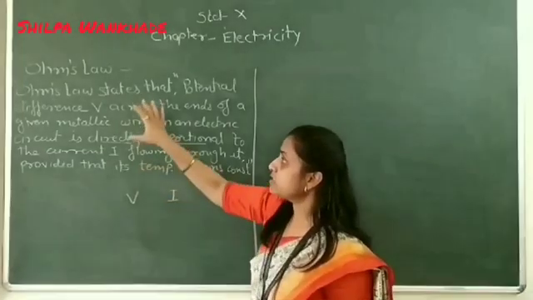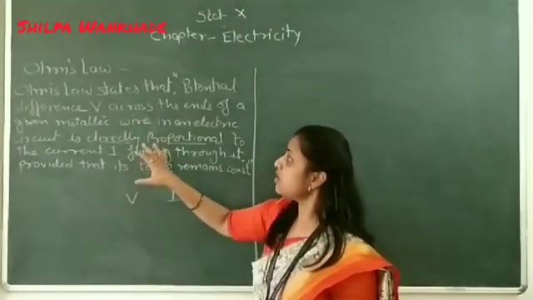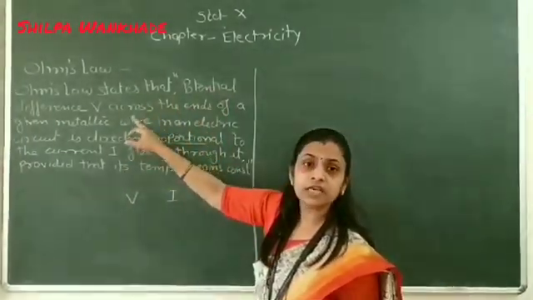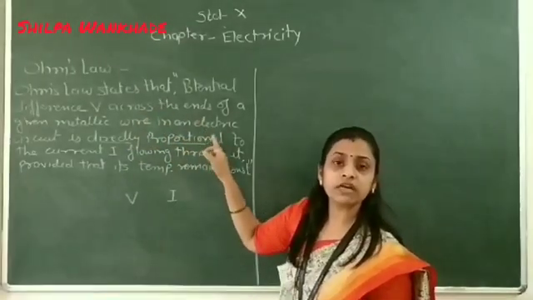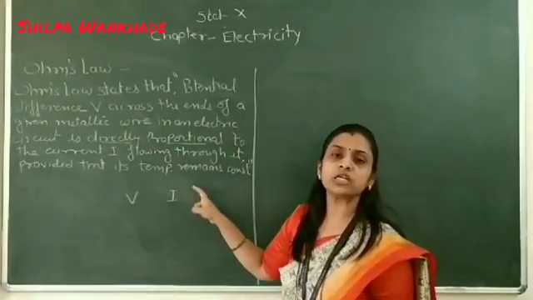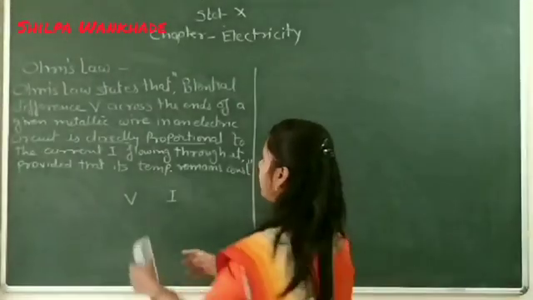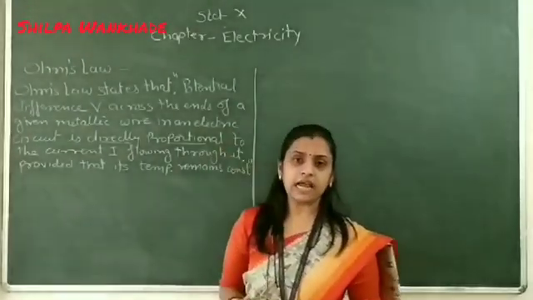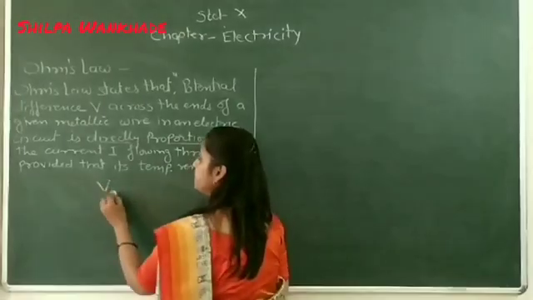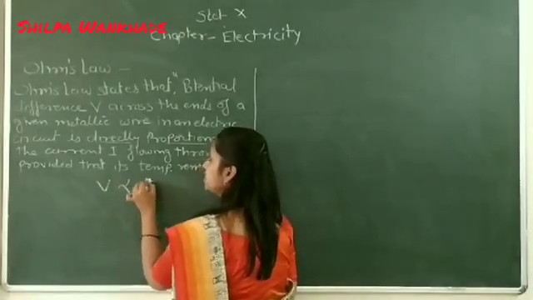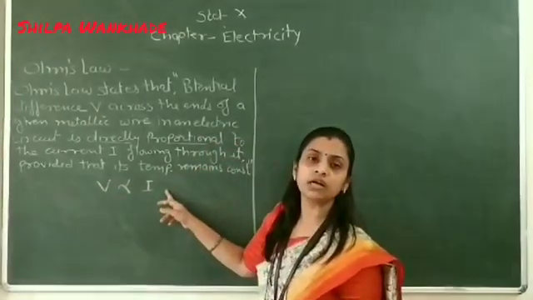But what is Ohm's law? Ohm's law is nothing but that the potential difference across the two ends of a conductor is directly proportional to the current flowing through it. Or simply we can say that the potential difference is directly proportional to the current flowing through a conductor.